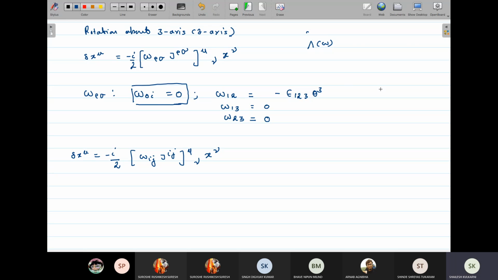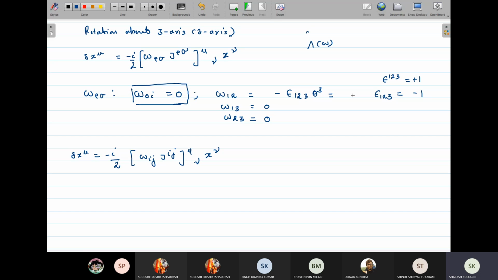Epsilon upper 1 2 3 is plus 1, so epsilon lower 1 2 3 will be minus 1.